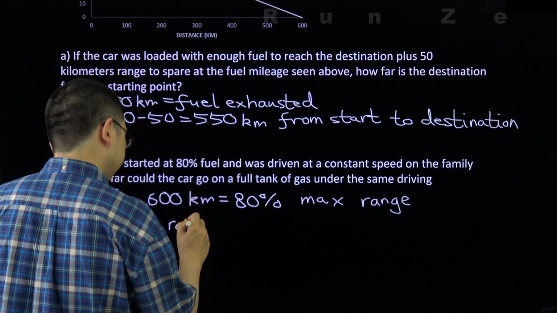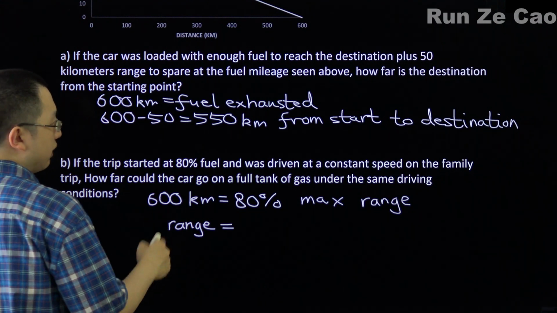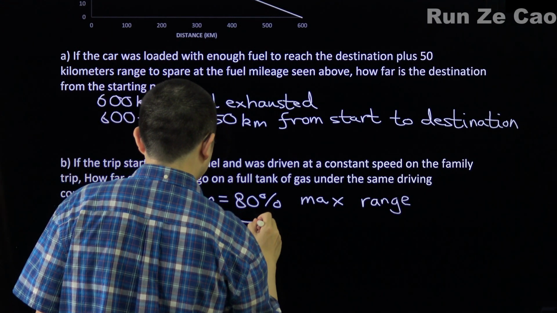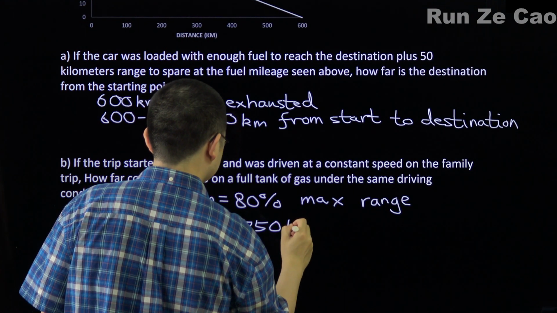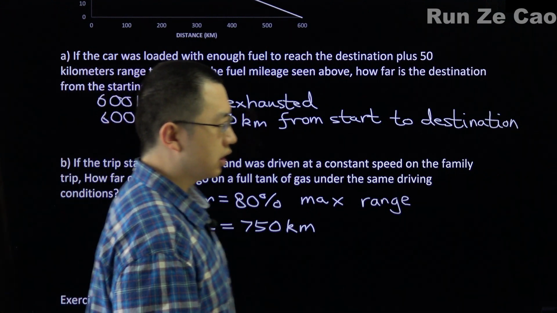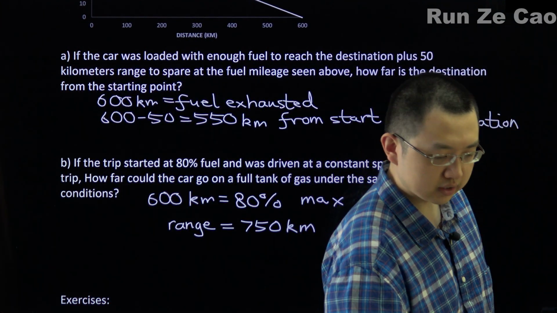Therefore, the range is equal to 600 divided by 0.8. So 750 kilometers. The car could go 750 kilometers on a full tank of gas under the same driving conditions.